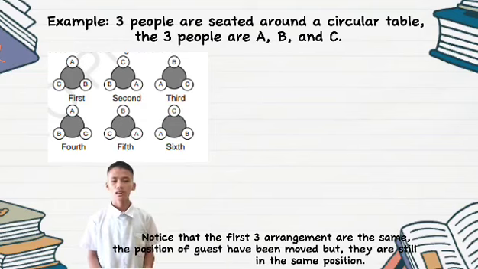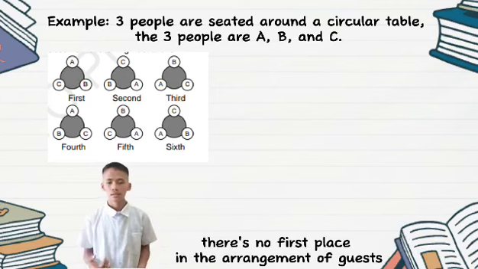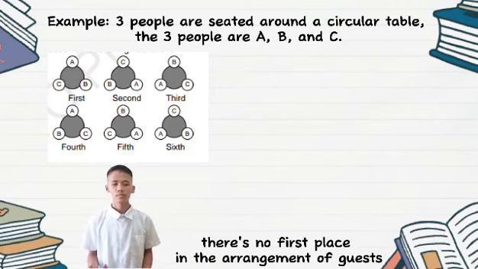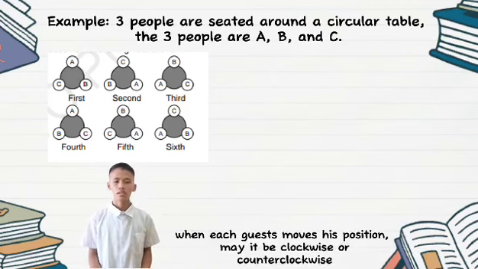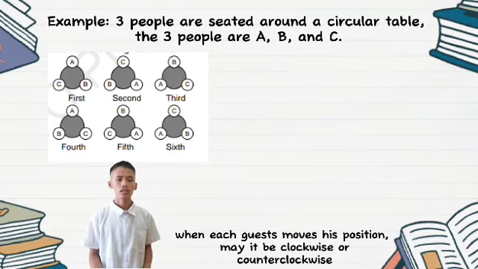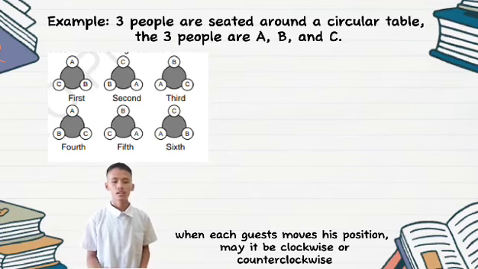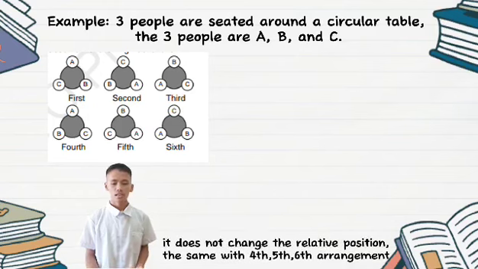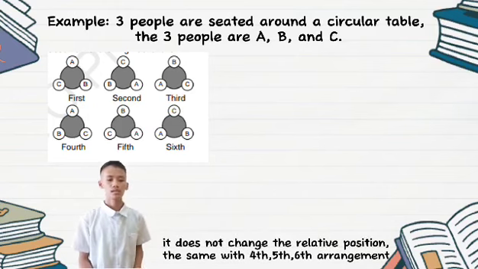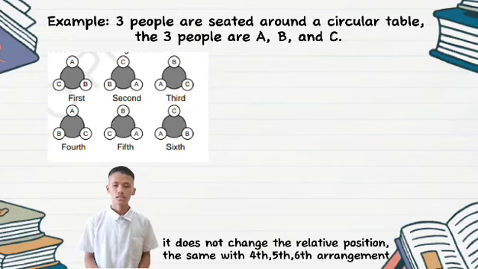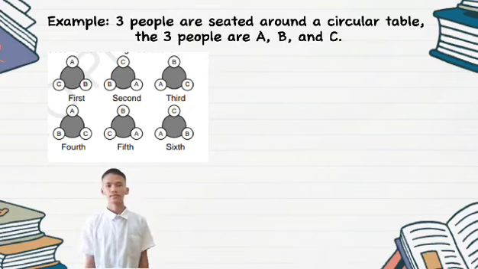The positions have been moved, but they are still in the same relative position. It is the same arrangement of guests, even if each guest moves position, be it clockwise or counterclockwise. It does not change the relative position. Same with the 4th, 5th, and 6th arrangements.